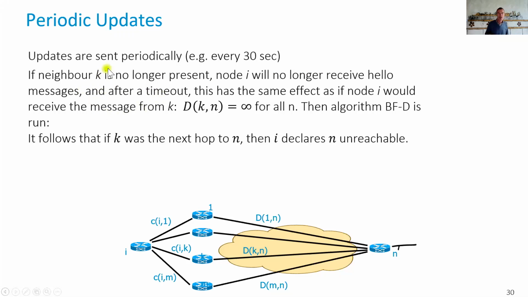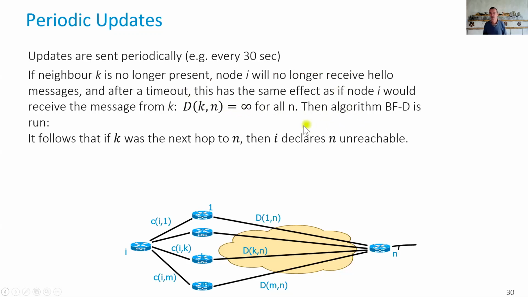If a neighbor router doesn't work anymore, then, as usual, the absence of updates will mean that we will detect this as a loss. And for example, if the neighbor K is detected by node I as being dead, node I will do the same as if it had received from node K the information that it is at an infinite distance to all nodes.